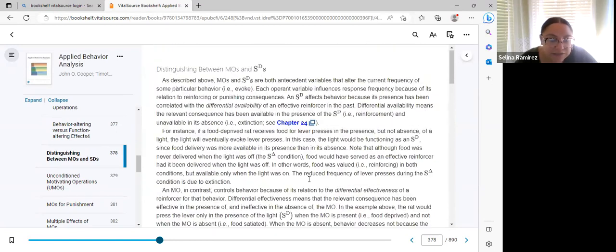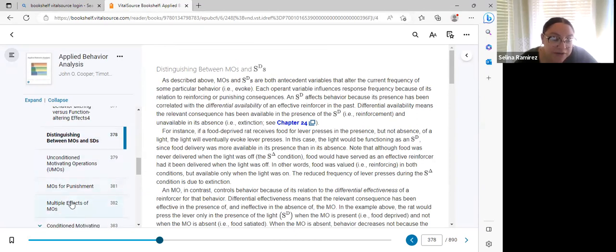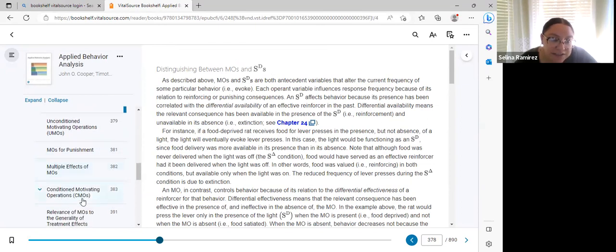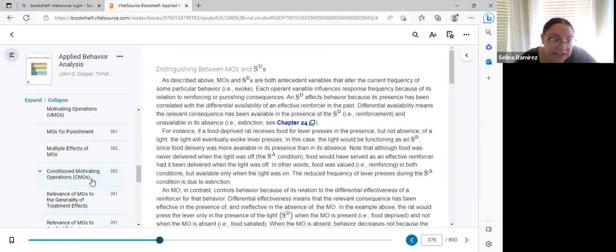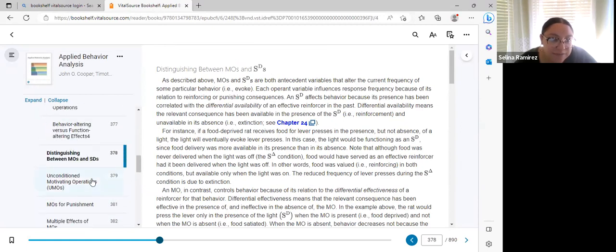Next week we'll go into distinguishing between MOs and SDs, unconditioned motivating operations, MOs for punishment, the multiple effects of MOs, and then we'll go into CMOs and all of the different MOs.